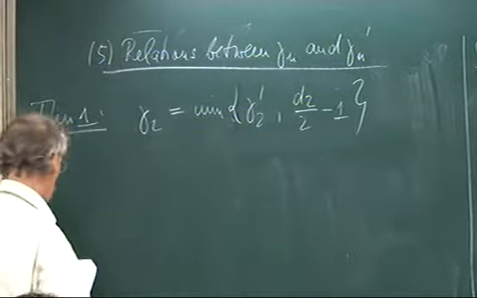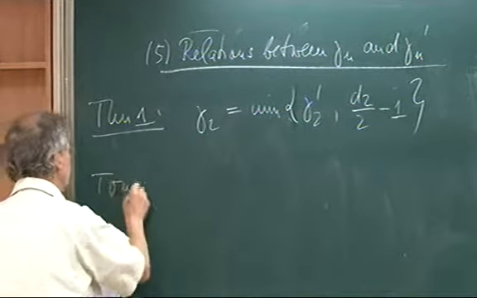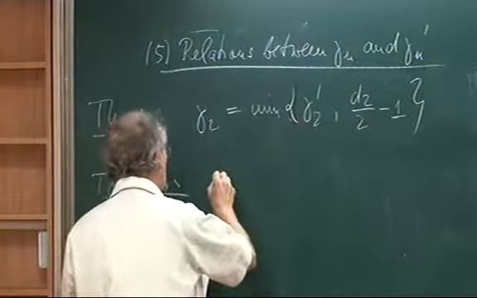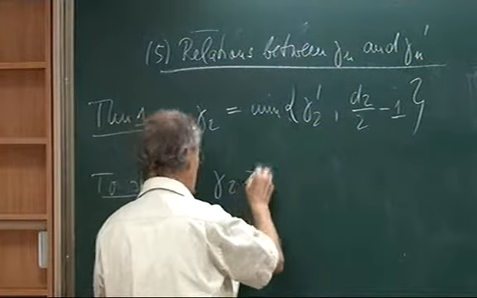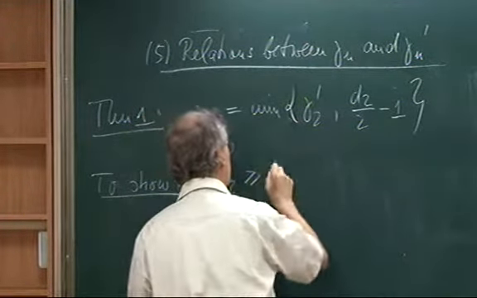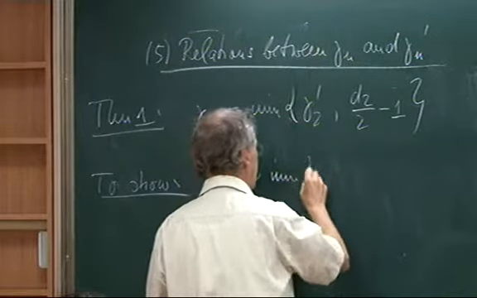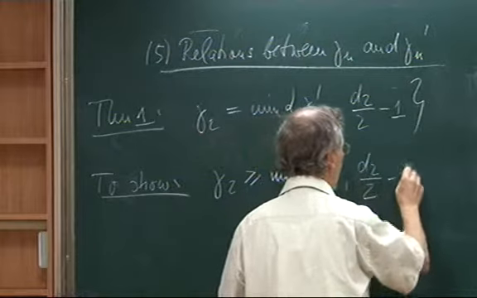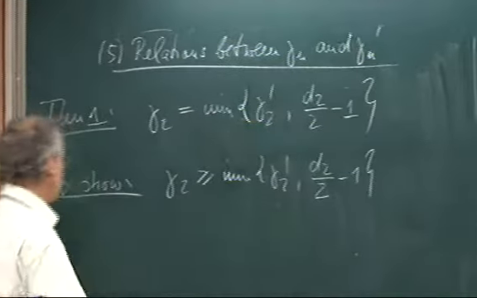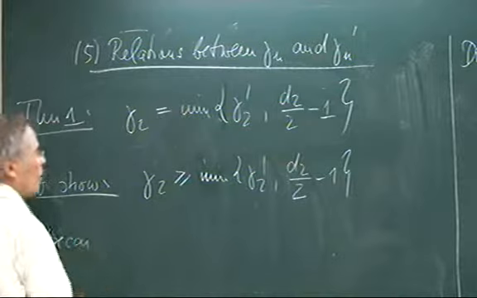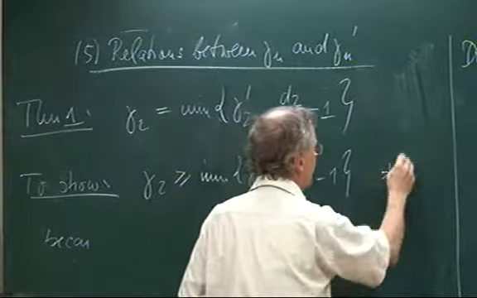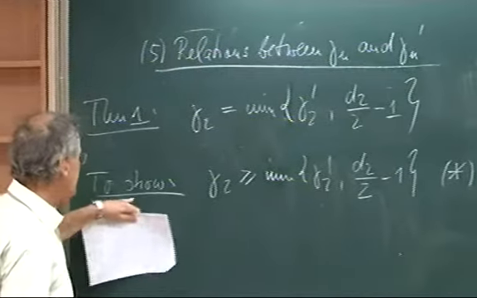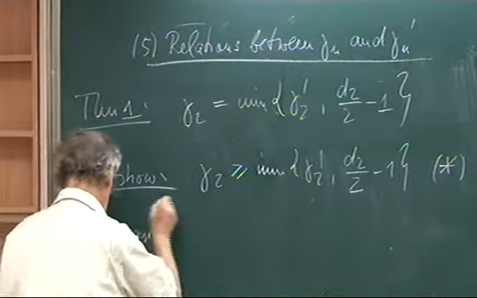Okay, so what do we have to show? Let me give the complete proof of this. We have to show that gamma 2 is greater or equal to the minimum of gamma 2 prime and d2 over 2 minus 1. Maybe I call this statement star, and later we will prove star, but first I will give a reason why this is enough.